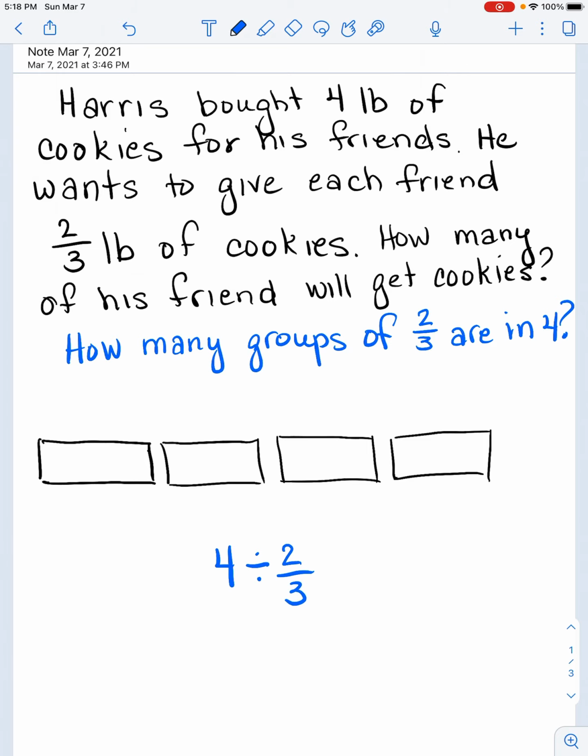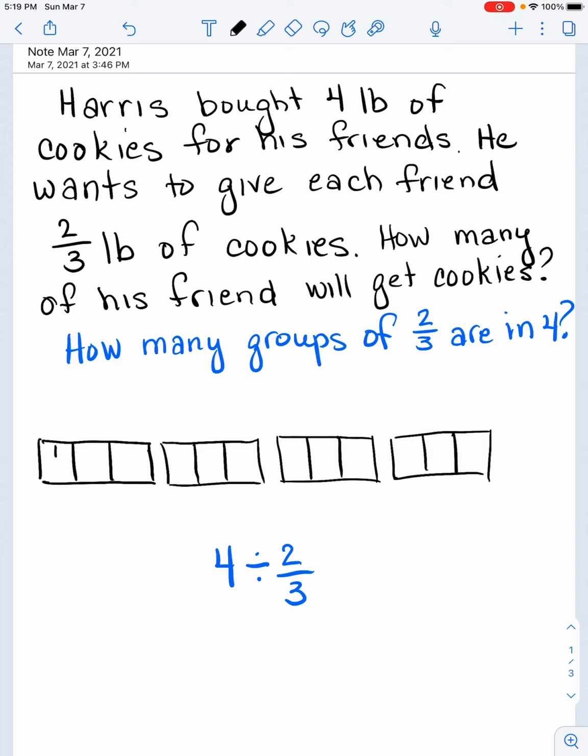Okay, so I have drawn 4 rectangles. Each rectangle represents a pound of cookies. And I want to divide it into groups of 2/3. Well, in order to do that, first I have to divide each pound into thirds, so into 3 equal parts.